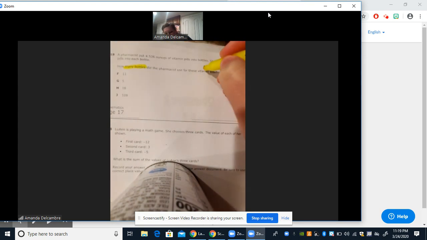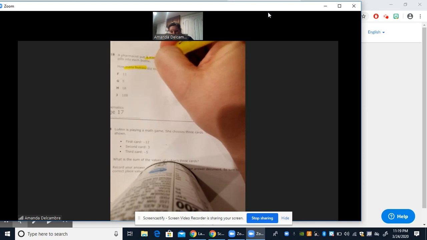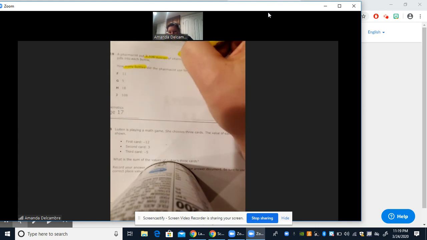We're trying to figure out how many bottles did she do at the end of all for those vitamin pills. Okay, so let's look for some clues that's going to help us. Okay, so we know that she started out with 4 and 536 thousandths of an ounce of vitamins. And in a bottle, she put 42 thousandths of an ounce of them.